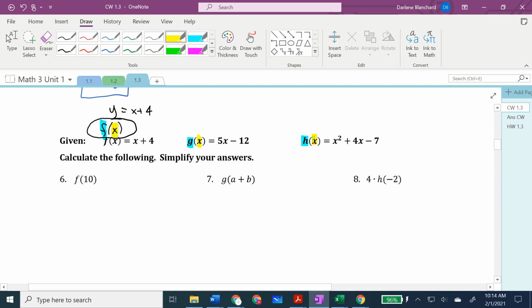And right now we're just using the x variable as the input. So what you want to know is, for number 6, this is asking you if 10 is the x, what is the y?